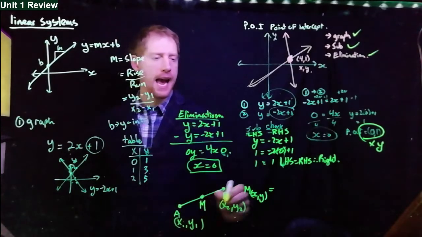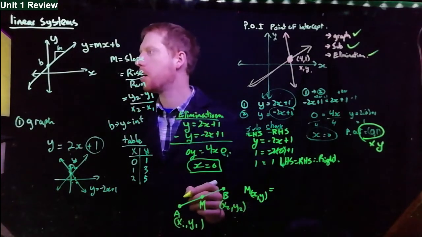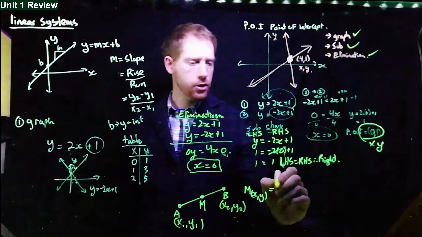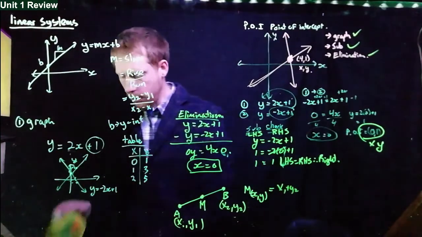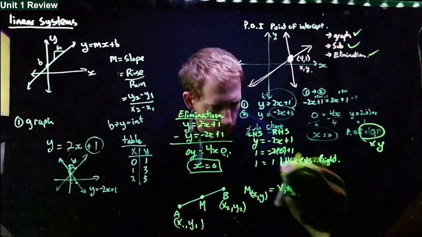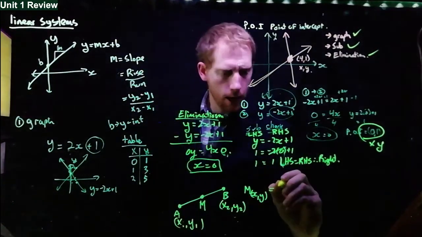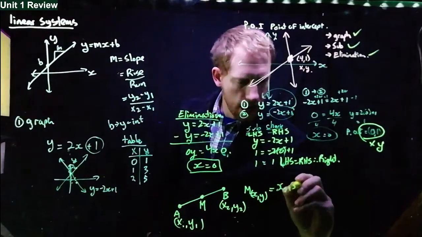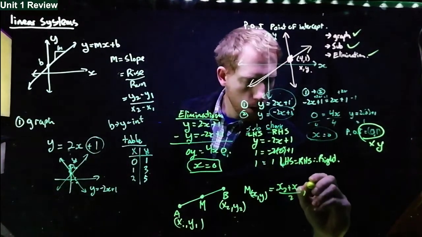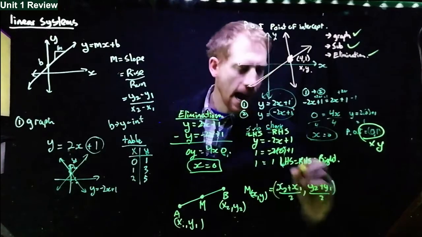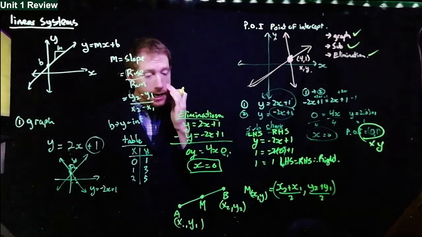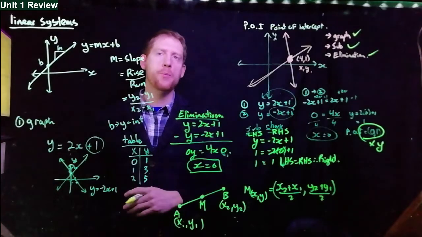So you can take the average of your points here. I wrote that down wrong. It's going to be (x2 plus x1) divided by 2, (y2 plus y1) divided by 2. So if I take the average of my 2 points, that's going to give me that midpoint there.